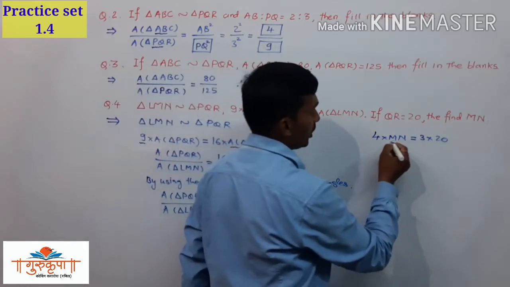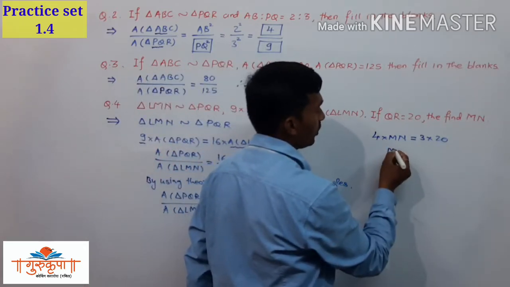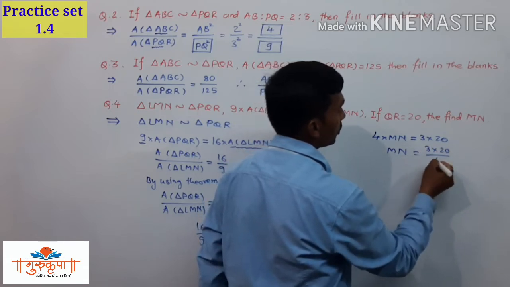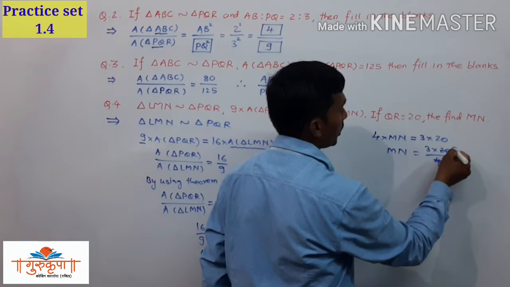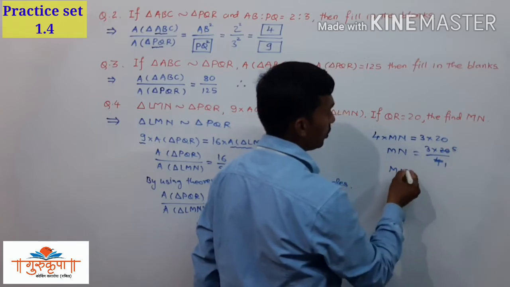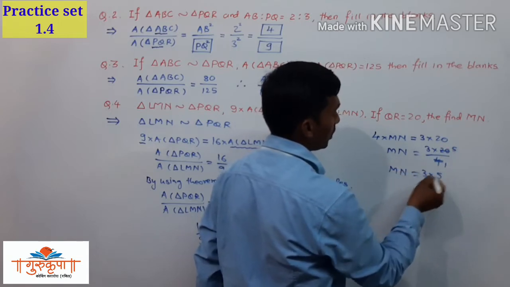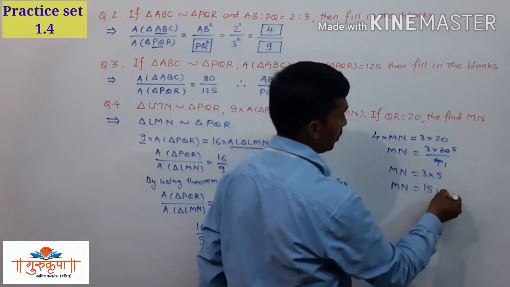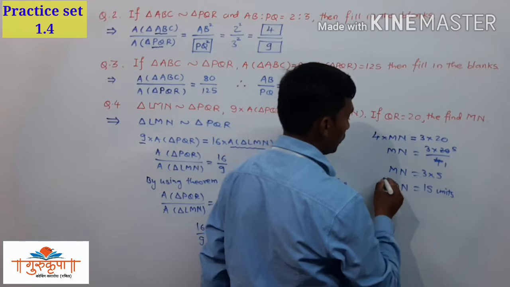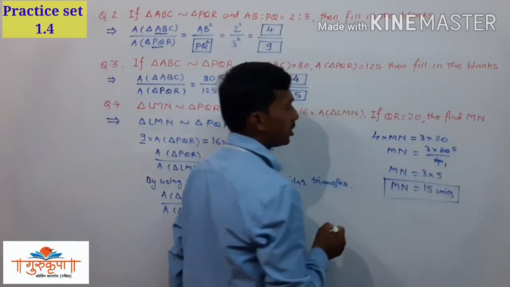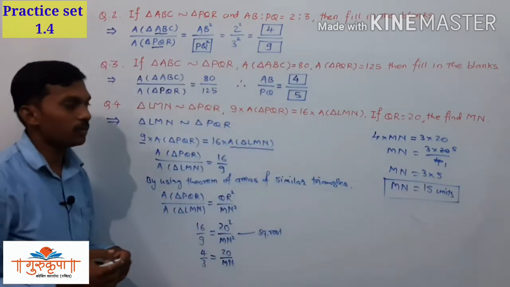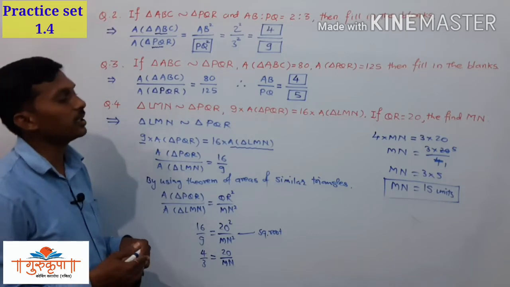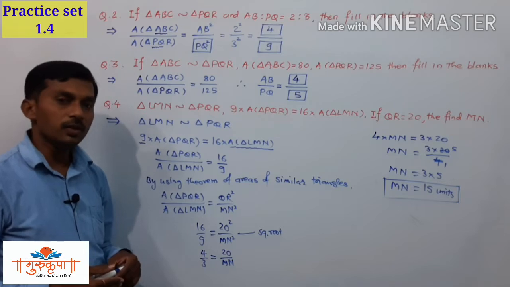And now for finding MN we will transfer this 4 to the right side and we get MN is equal to 3 into 20 upon 4. 4 ones are 4, 4 fives are 20, and we have MN is equal to 3 into 5, that is 15 units. So this is all about example number 4. We found the length of the side MN, that is 15 units.